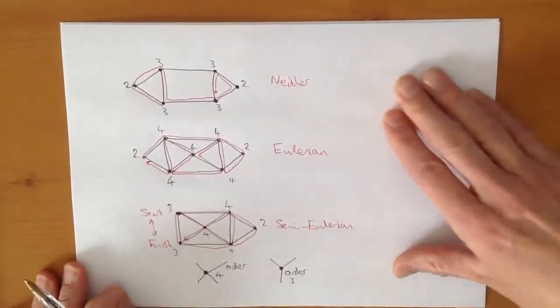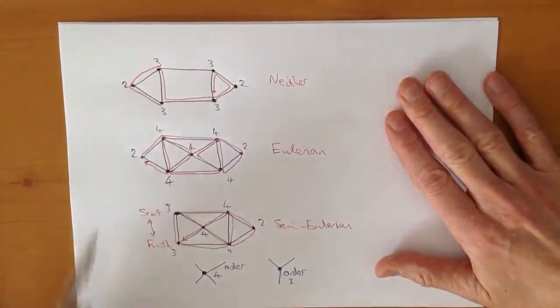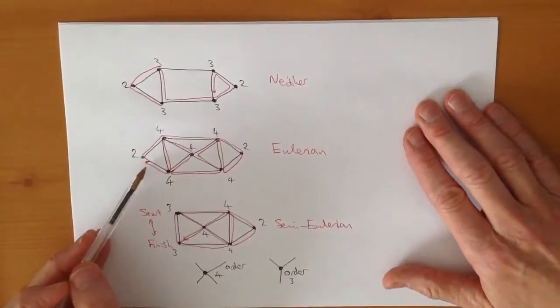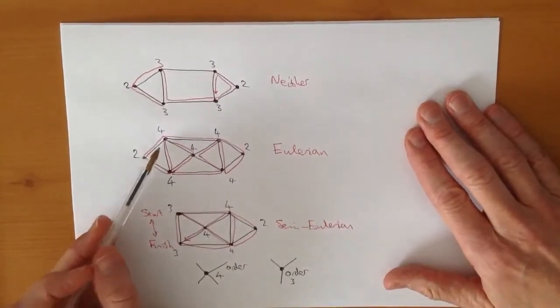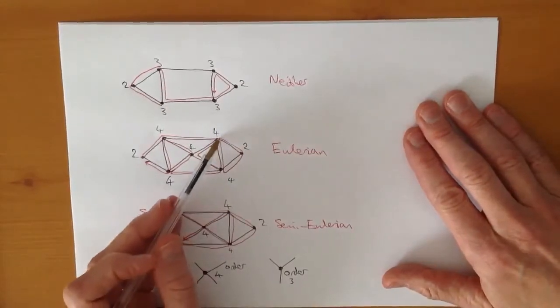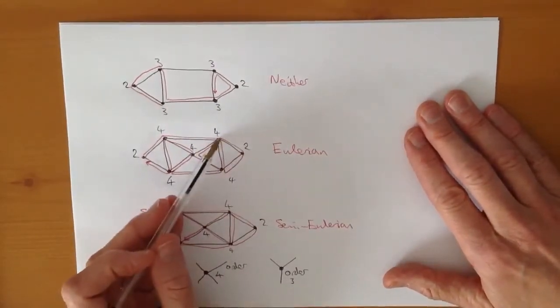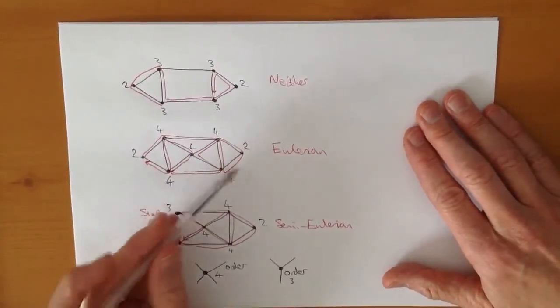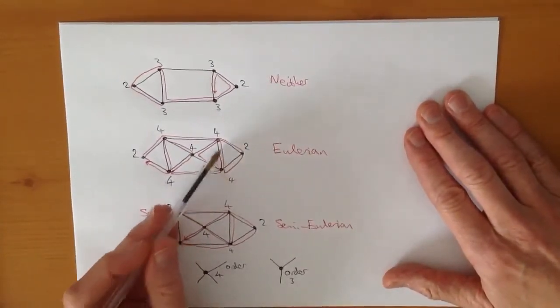So what's the pattern? You should spot, with the Eulerian graph, everything's got even order. That means every point, the trail goes into the point as many times as it comes out of the point. So this point here, it's got order 2, it's visited into the point and out of the point. This one with order 4, the trail went into it and out of it.